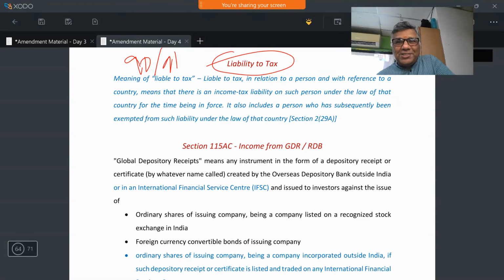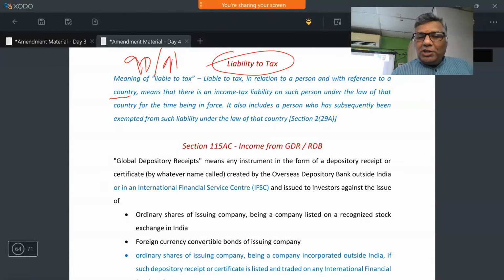That's a wrong understanding, right? If tax payable is 0, does that mean there is no liability to tax? No. There is a liability. So similarly in foreign operations also, liability to tax of a person with reference to a country means an income tax liability on such person under the law of that country for the time being.